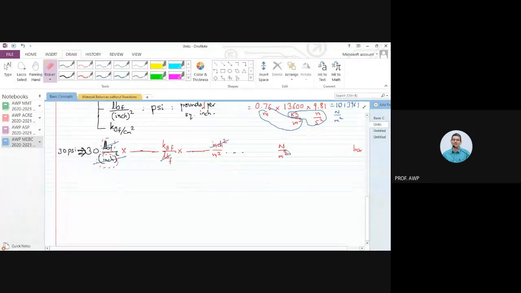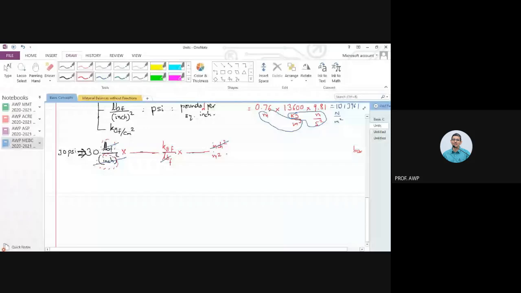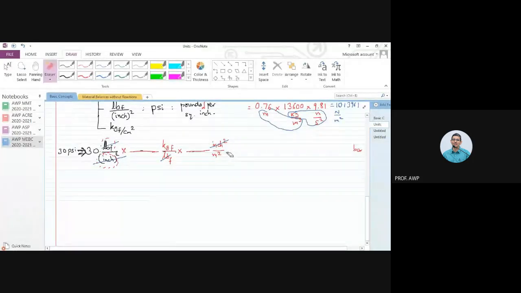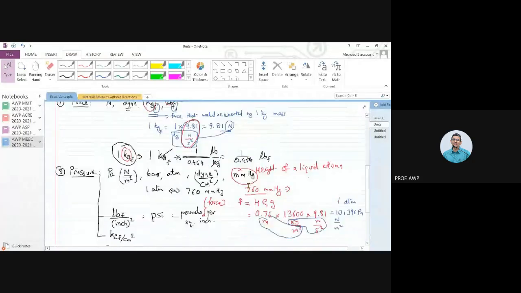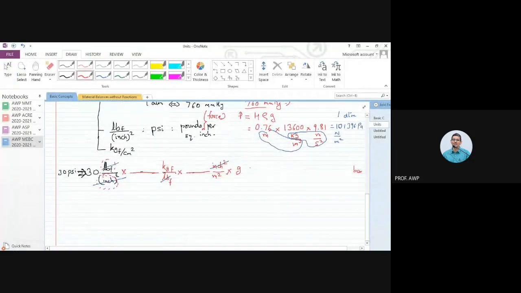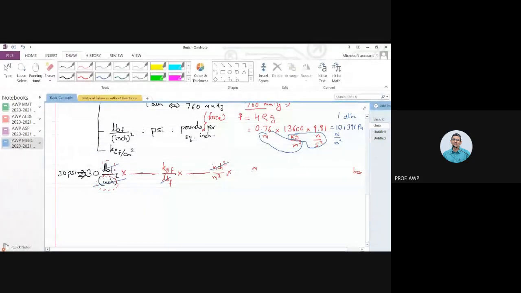Then we would have this quantity in terms of kg force per meter square. But then kg force also we need to convert in terms of newtons. So we multiply by g. That's what we have seen last time. So this will be in terms of units of g, 9.81 meter per second square.